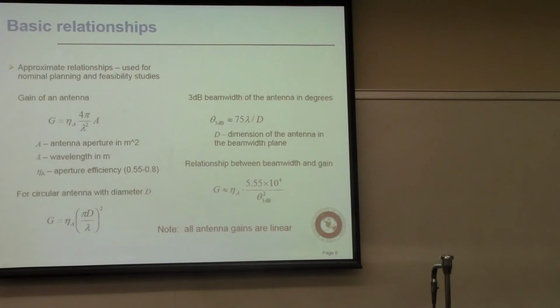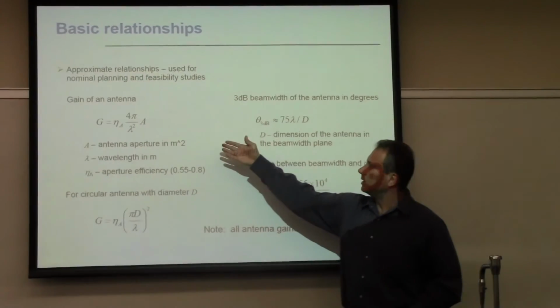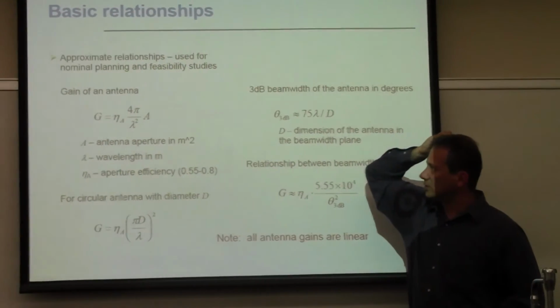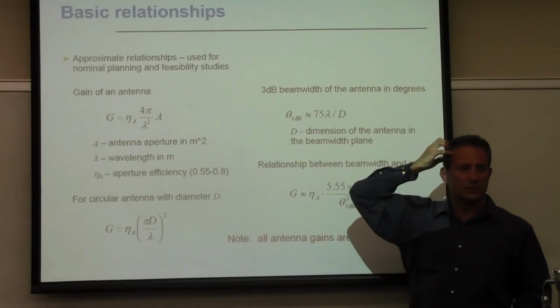Okay, so here's some basic relationships that I would like you to know. The first one is a basic relationship that comes from electromagnetic theory that relates the gain of the antenna to its physical size.